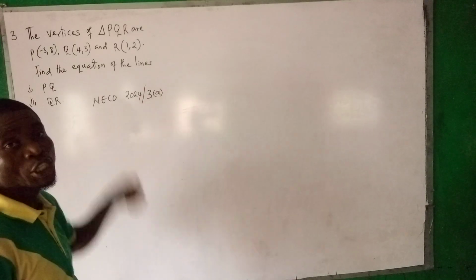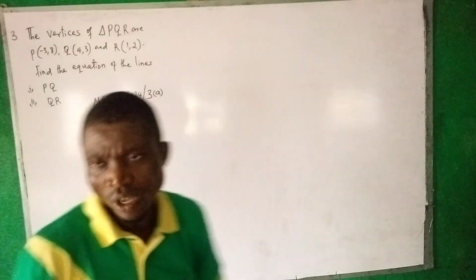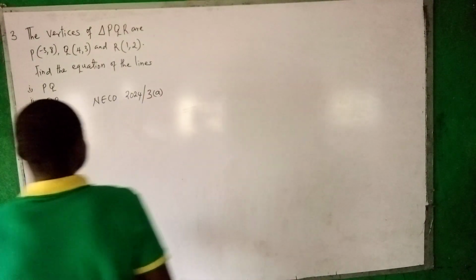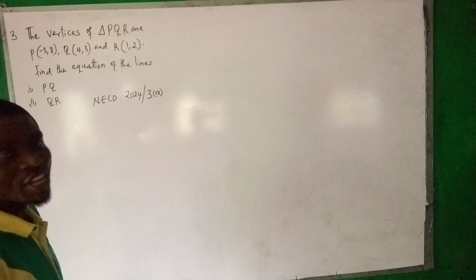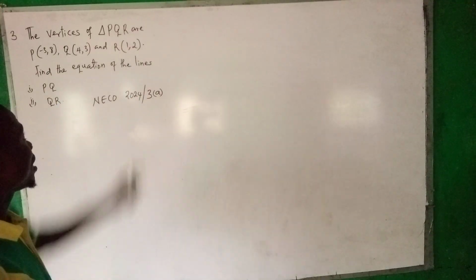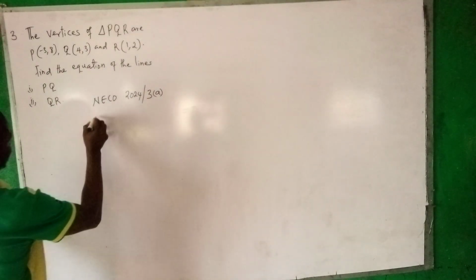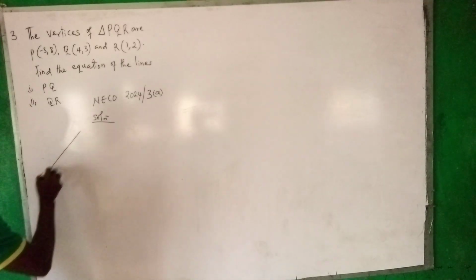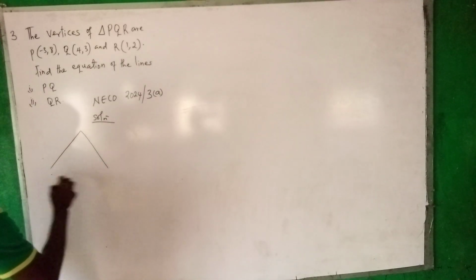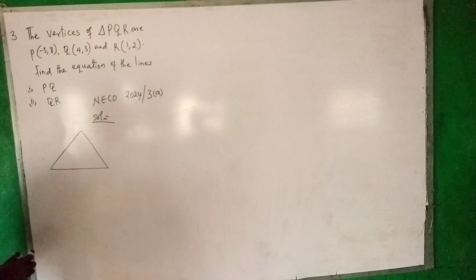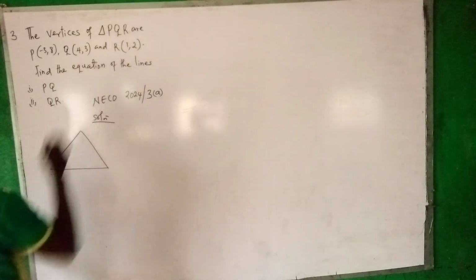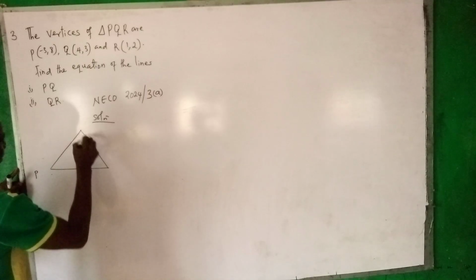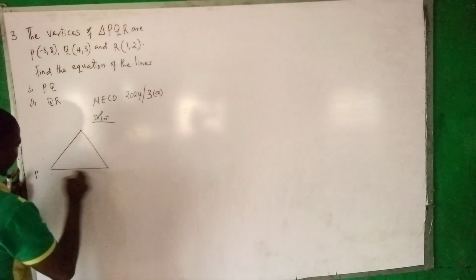This is a theory question, it's not objective, right? Now, let's get this done. First of all, let's make a sketch of this particular triangle. Solution. If this is a triangle, and this is a point P, first of all, you have to know that these are the vertices of the triangle.